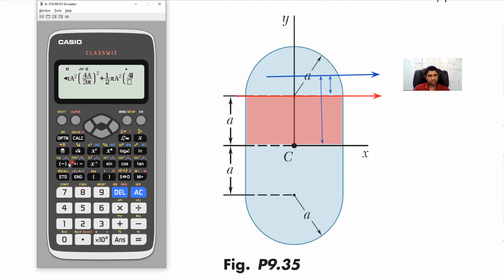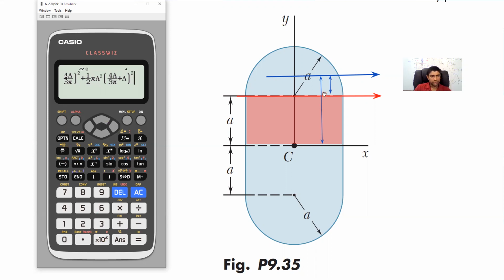So y bar is the same value, 4r over 3 pi, plus a, squared, right? So I have subtracted one A y bar squared and again added another.